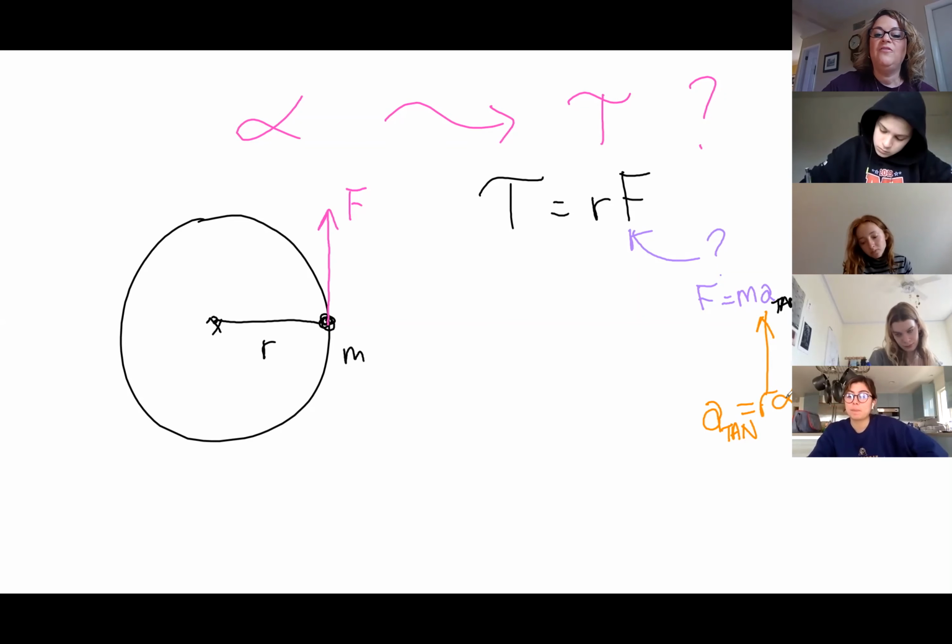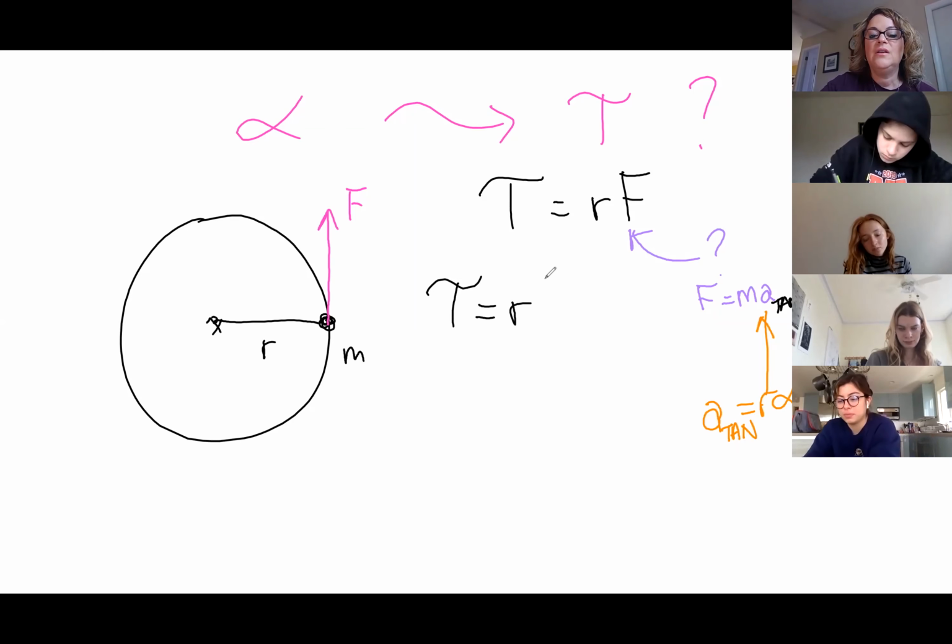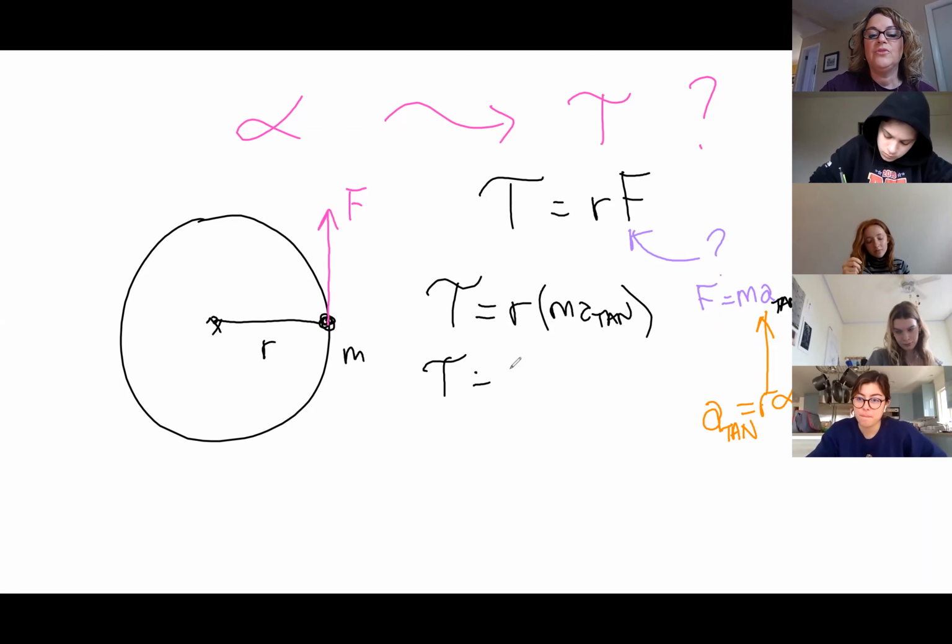If I go back up here and follow through this line of thinking and substitution, torque is equal to r times force, which we said was mass times a tan. But we also said that a tan is r times alpha. It's how much we speed up or slow down the spinning thing. So it's mass times r times alpha.